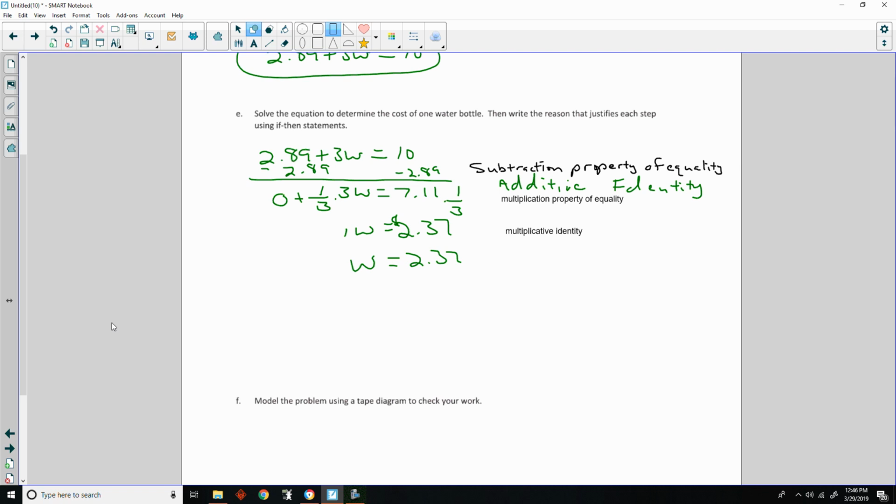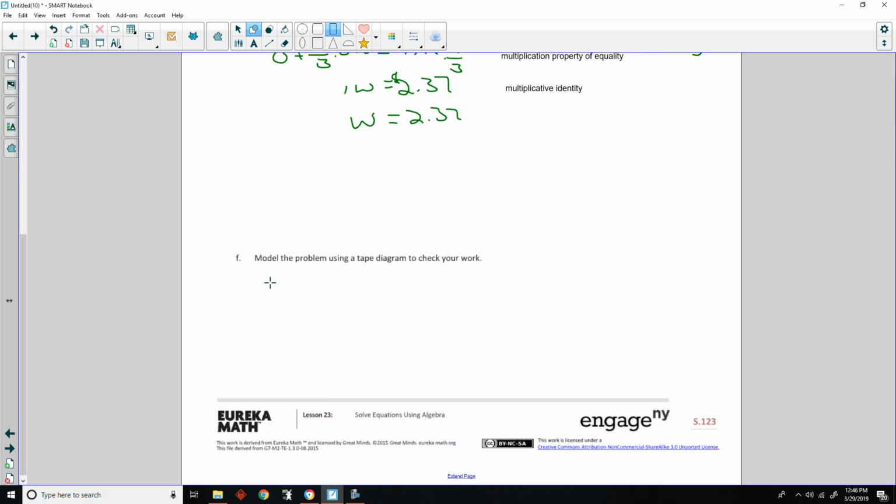Okay, so we're going to use a tape diagram. And if I draw the tape diagram like so, and then I draw segments in between, I know that the ice cream was one price, and then I'd have split this up into 3 equal pieces. Okay, so then I need to label this.